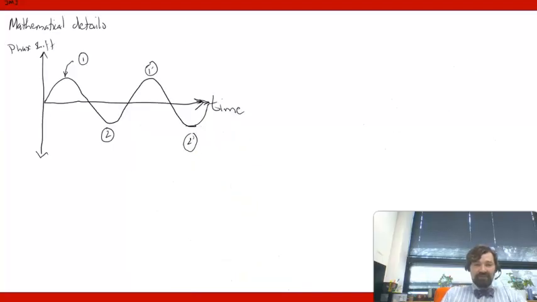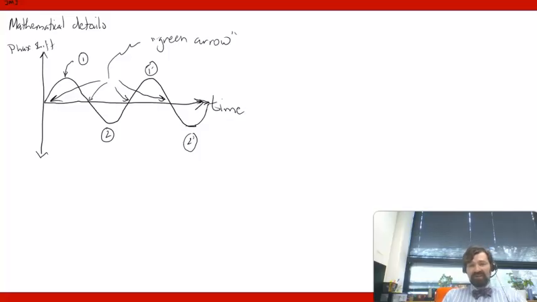The crossings here, here, here, here, etc., I call the green arrow condition because I've drawn the arrow in green, but basically it represents the case where the beam does this.